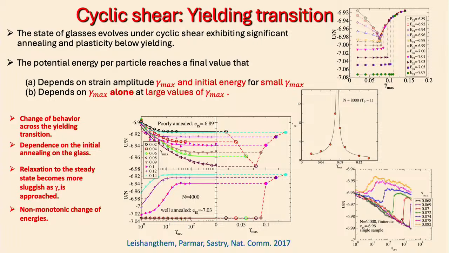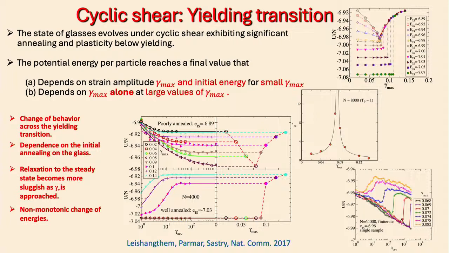So for all of these values for which I'm showing results here, if I look at the initial cycles, I have behavior that's very similar to the case where I don't yield. So in other words, with initial cycles of shear, I anneal my system to lower and lower energies, and at some point suddenly I fail.